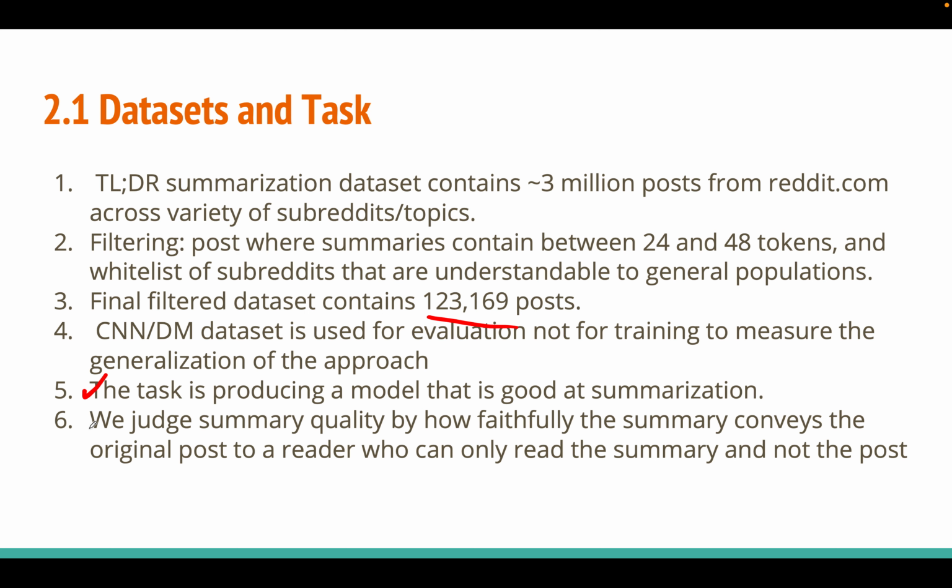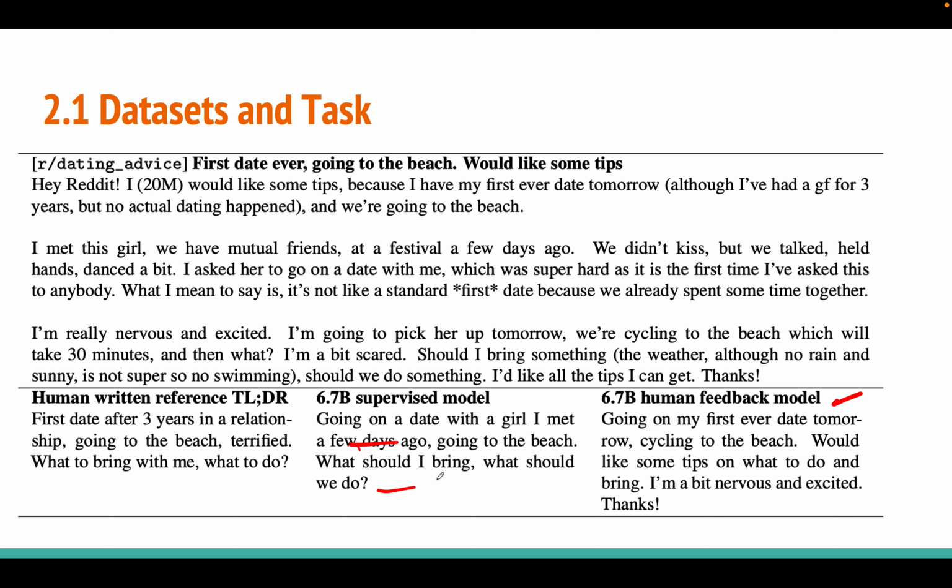The paper says the quality of the summaries is judged by how faithfully the summary conveys the original post to the reader, who can only read the summary and not the full post.